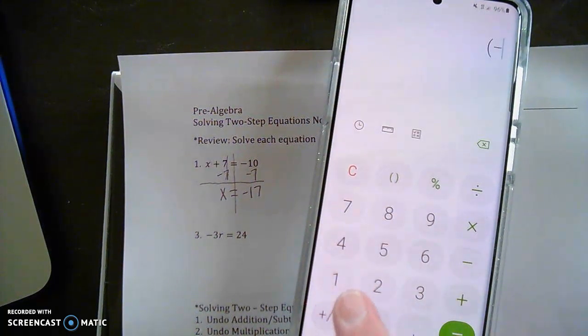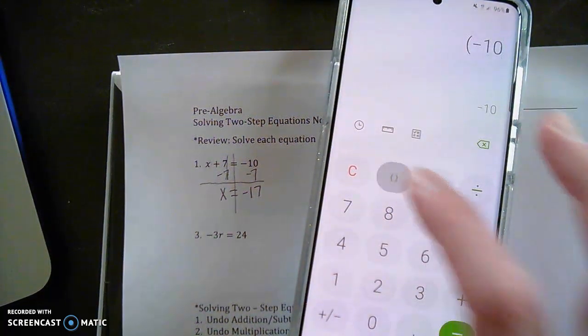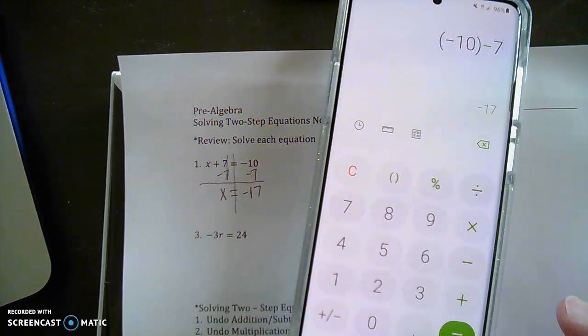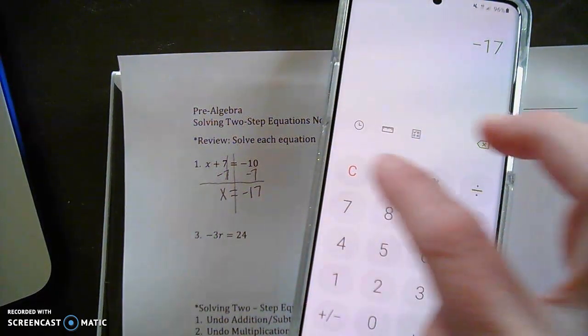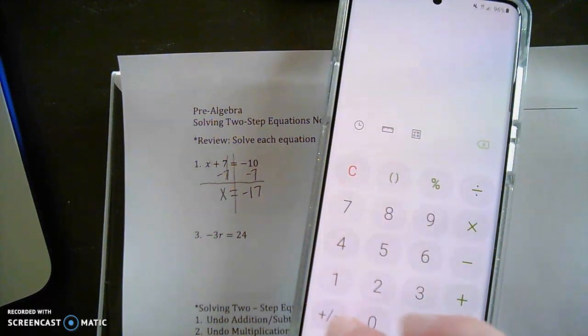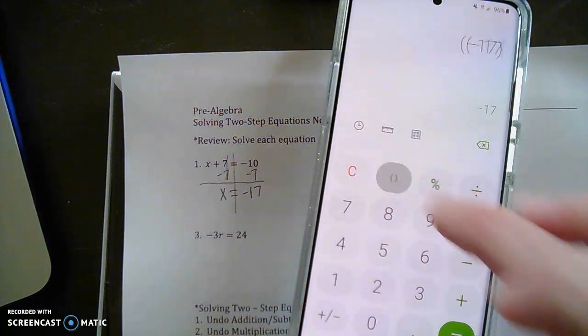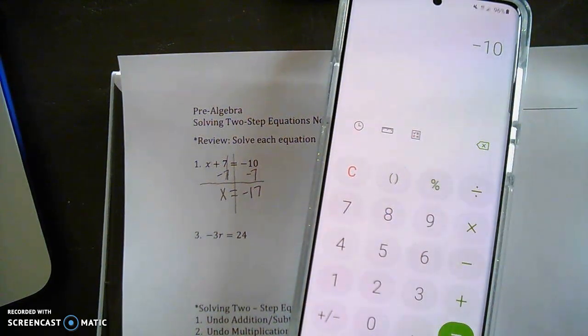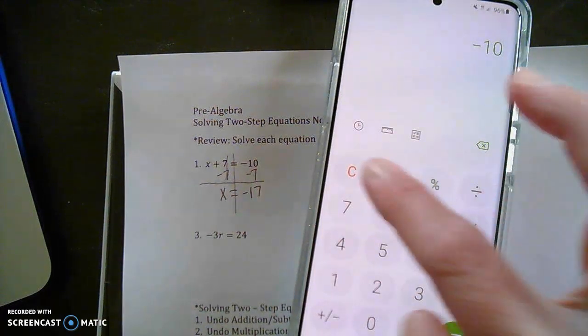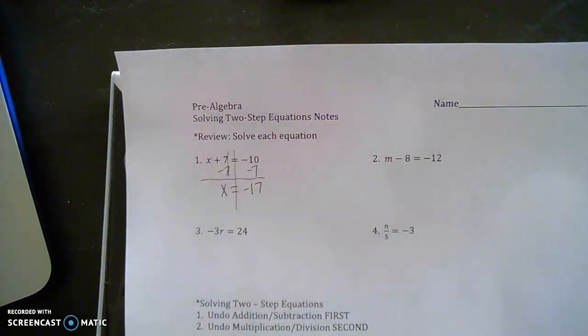So you can do -17 plus 7, and we get -10, which is the answer. So you can still check your work even if you don't have your own calculator at home. You can go ahead and use your phone.